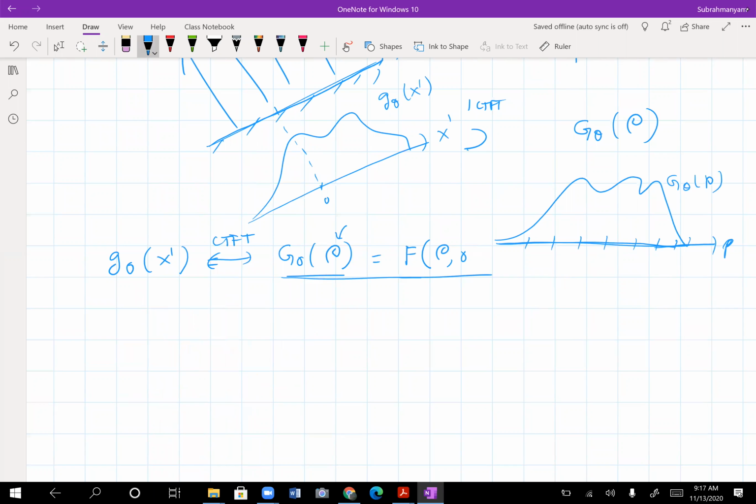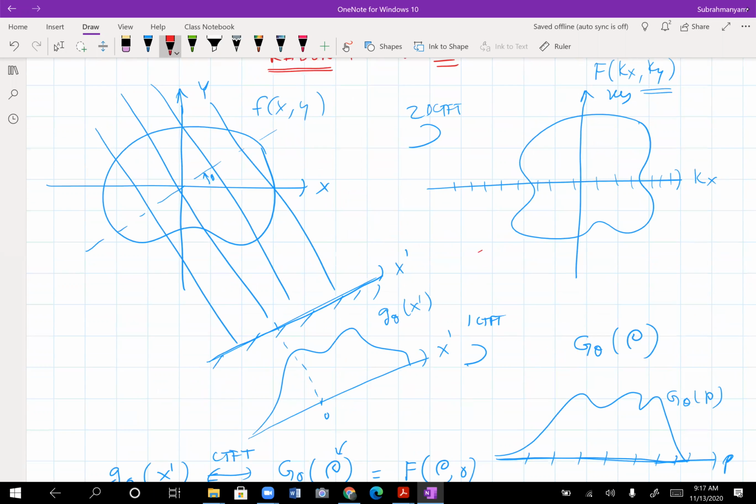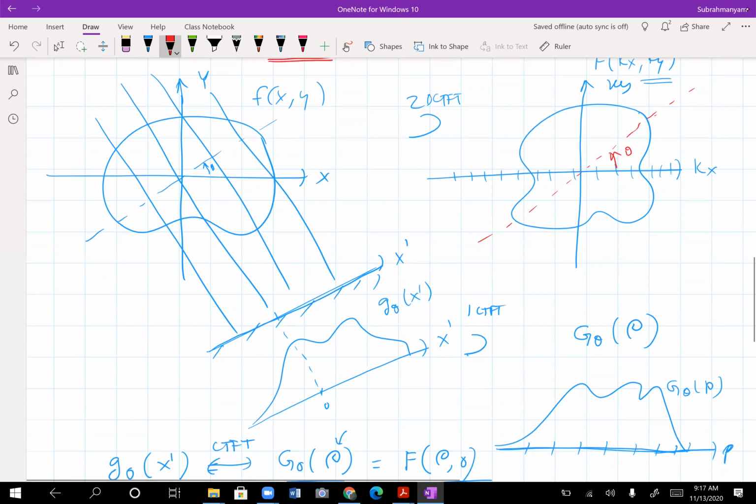So if you had followed it, I will extend it now. Now you tell me g theta of x prime. Okay, I have it. And further, the CTFT of it is G theta of rho. Now you tell me what is this equivalent to? If it is at an angle theta, this we have derived already in the last class with an intuitive proof. This is what it would correspond to.